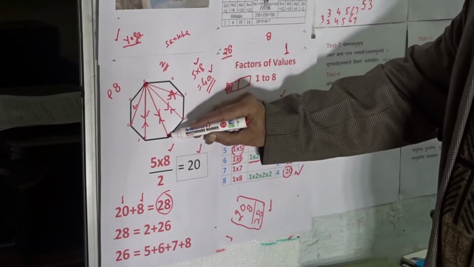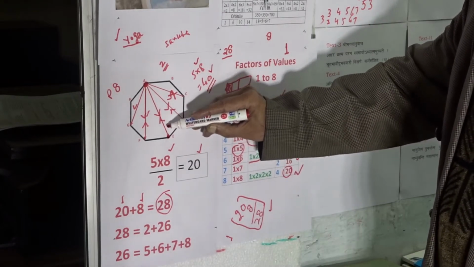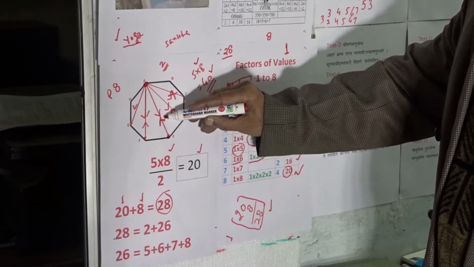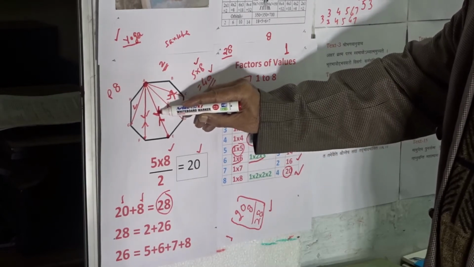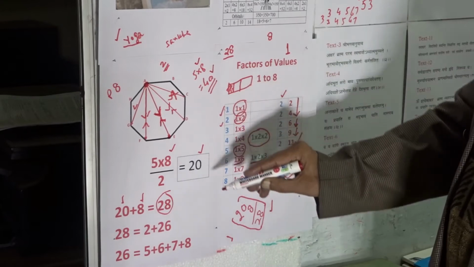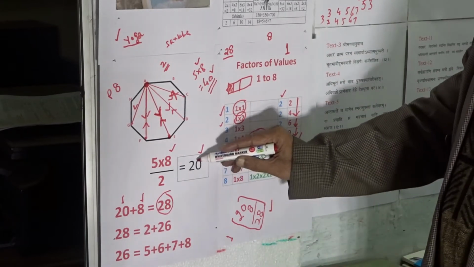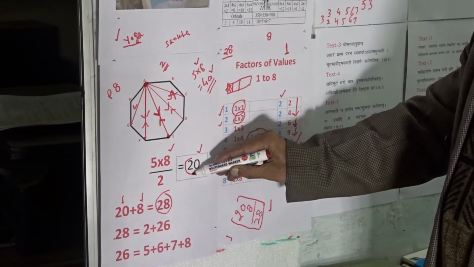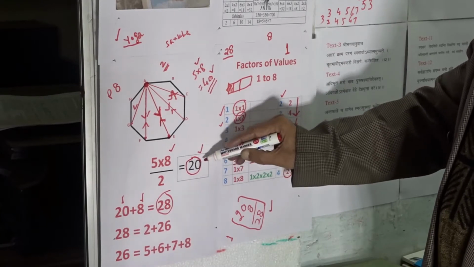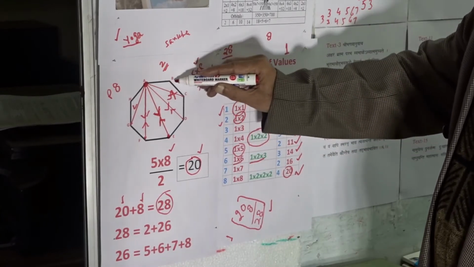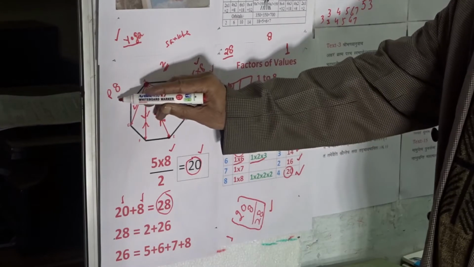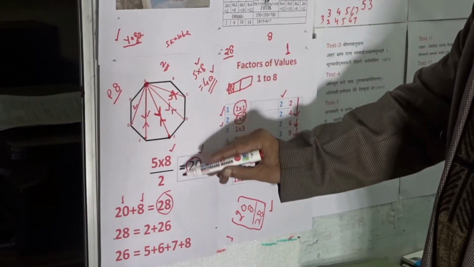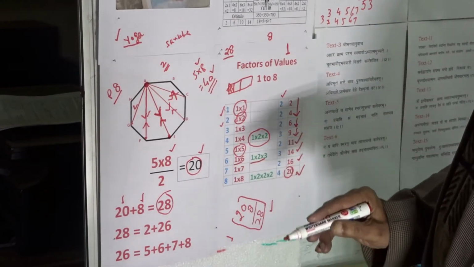However, we know that each diagonal is having a pair of orientations which get superimposed upon each other, and as a result there remain 20 internal diagonals. These 20 internal diagonals together with 8 sides of the octagon lead to value 28.